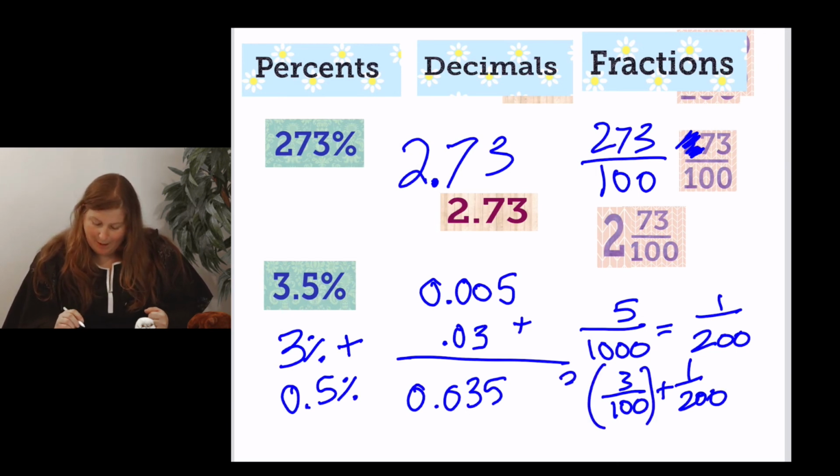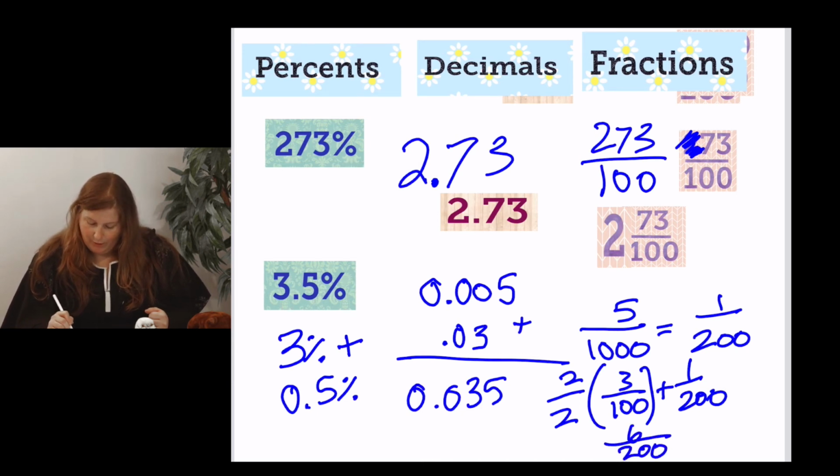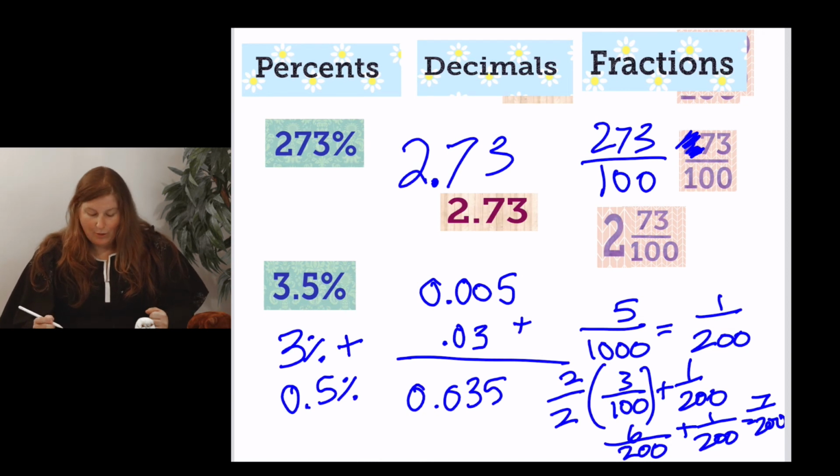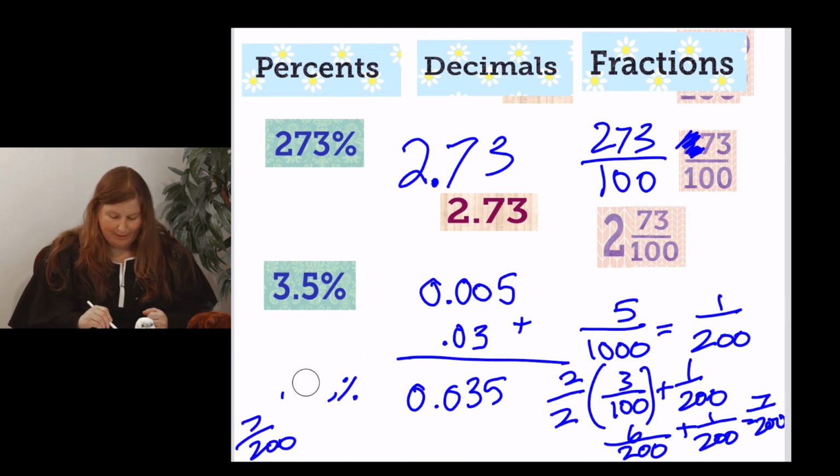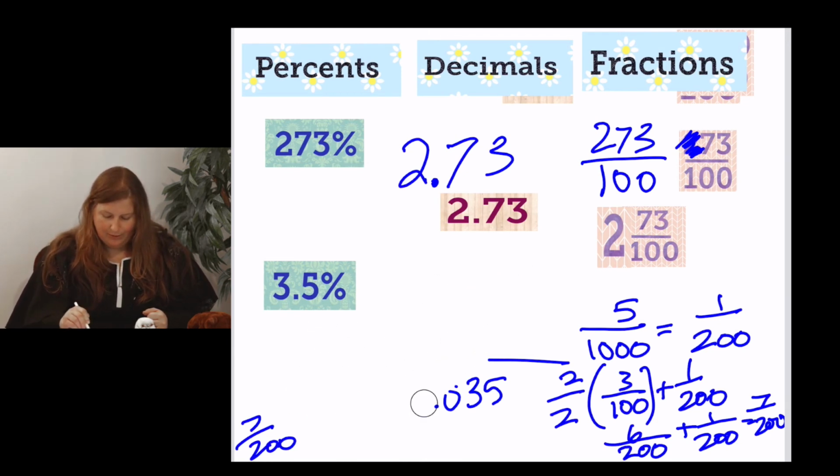So I'm going to double this fraction, which instead of being 3/100 now becomes 3 times 2 is 6, 2 times 100 is 200, 6 200ths plus 1 200th is equal to 7 200ths. So I would get 7 200ths. Let's try this a more conventional way and see if we get the same result.